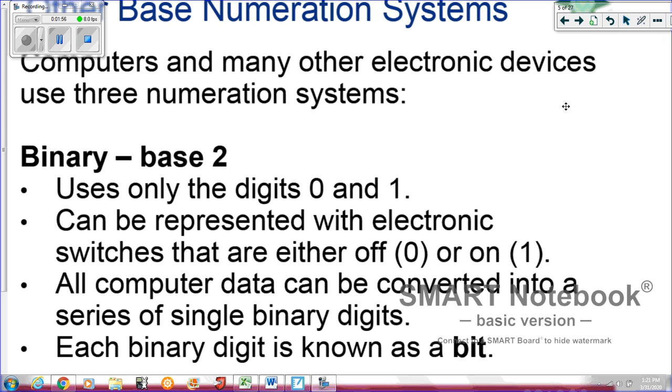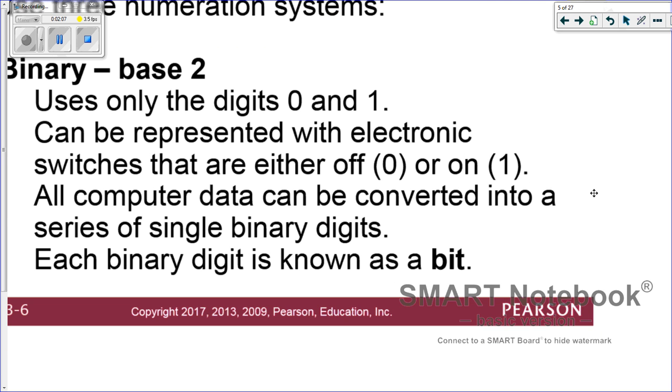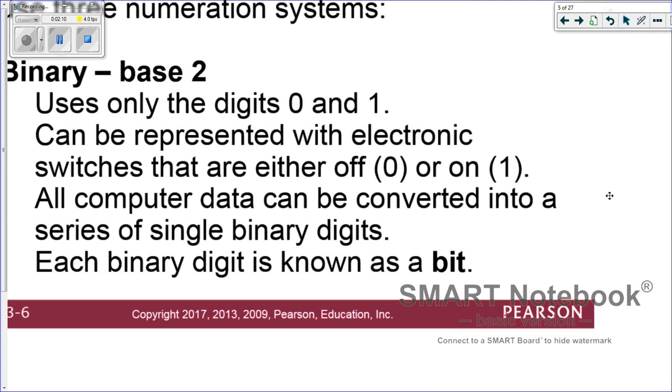Base 2 is used largely in computers, and the only digits are zeros and ones. It's either on or off is how it works, and all data can be put into what's called a bit.